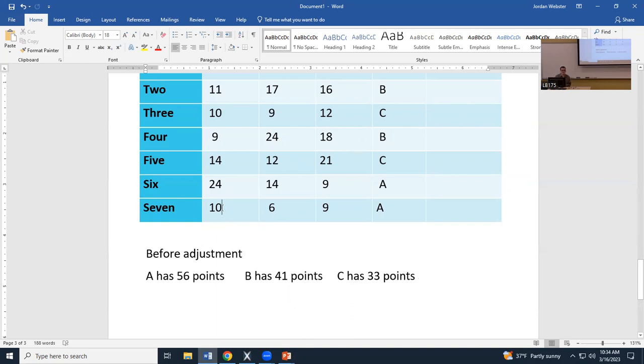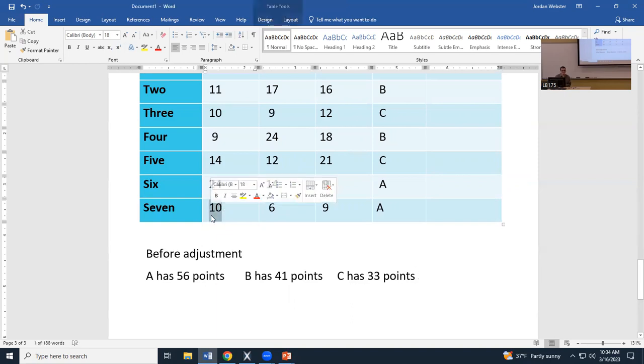Notice this seventh item. This seventh item will take 10 points away from A and give 9 points to C if I give it to C. So if I give item number 7 to C, that's going to be an exchange of 19 points.